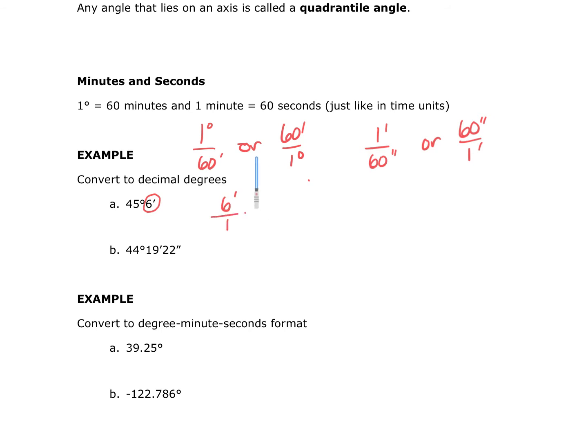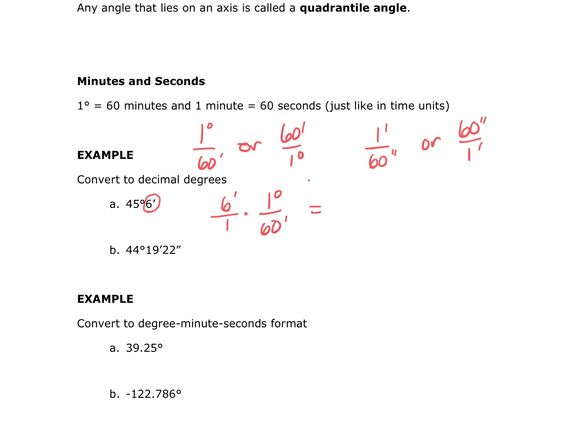Now I need to choose the correct unity fraction here or here that is going to give me an answer in terms of degrees. So in other words, this minute mark needs to cancel out with my unity fraction. So I need it to be diagonal, or in numerator and denominator, when I do this multiplication of the unity fraction. So I'm going to multiply by 1 degree over 60 minutes.